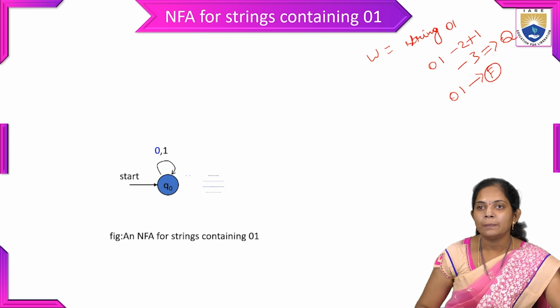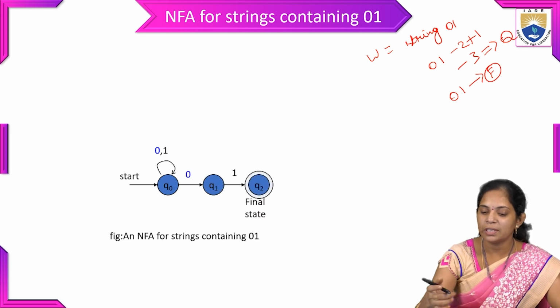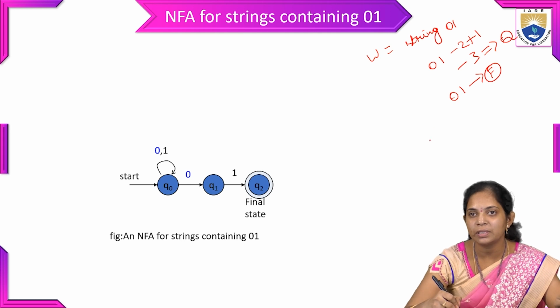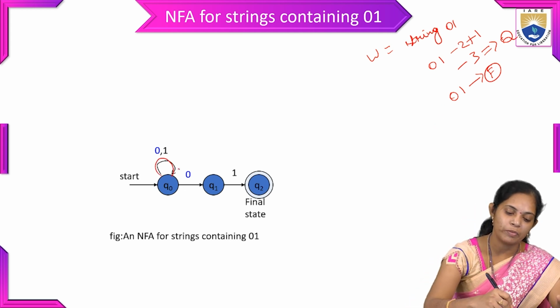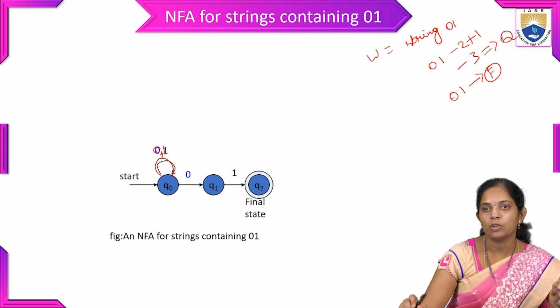There is no limitation on what comes before: the string can start with 0 or 1. That's why we have taken this self loop on 0, 1.